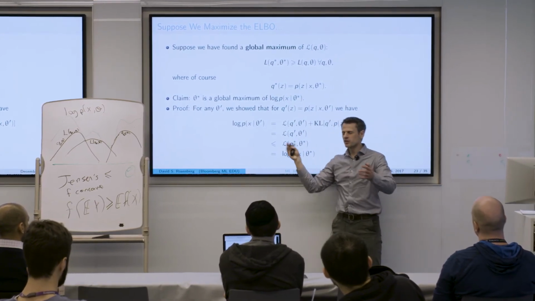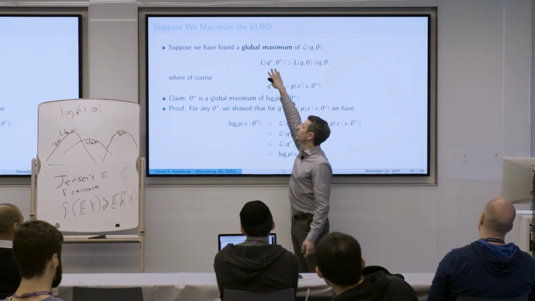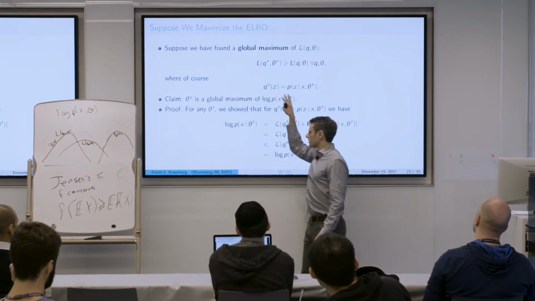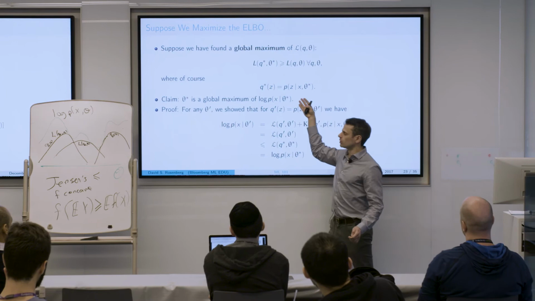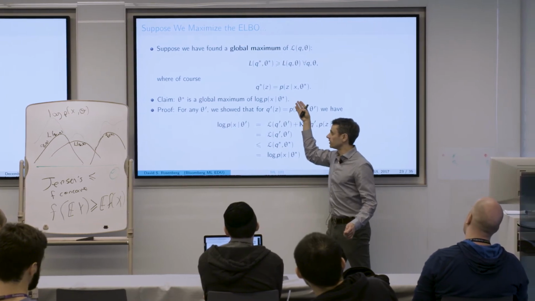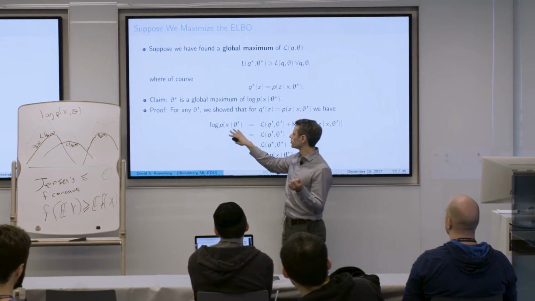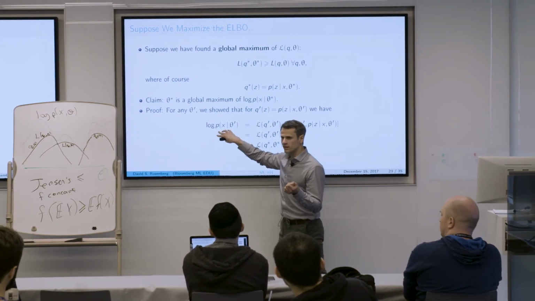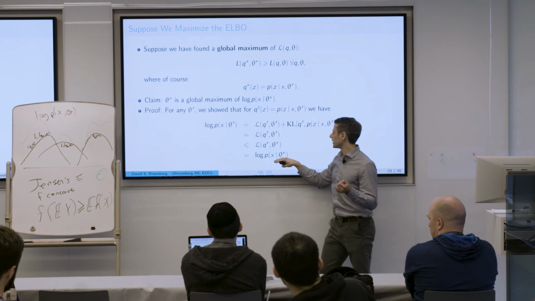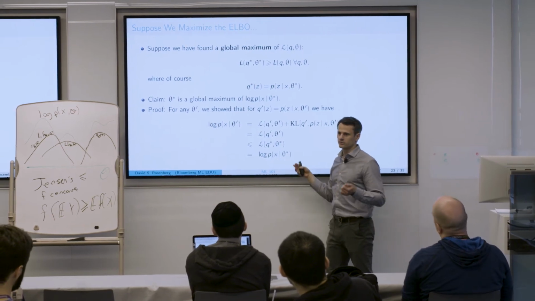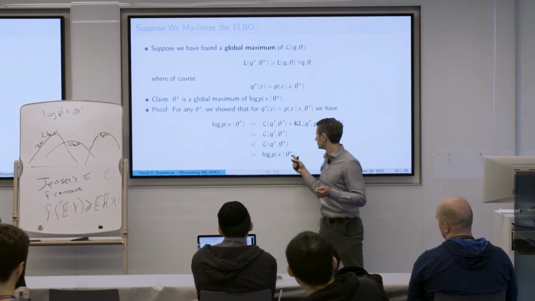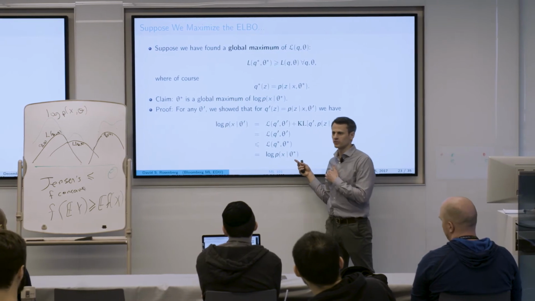So we're trying to show that theta star, which we got by optimizing the lower bound, is also the global maximum of the marginal log likelihood. We're going to do that by saying no matter what theta you choose, its marginal likelihood is always going to be less than the marginal likelihood for the theta star. And this defines theta star maximizing this function.